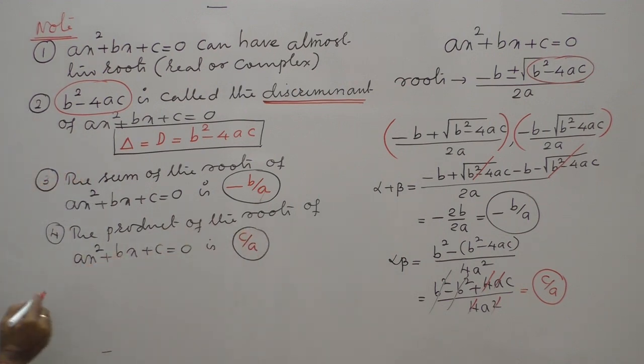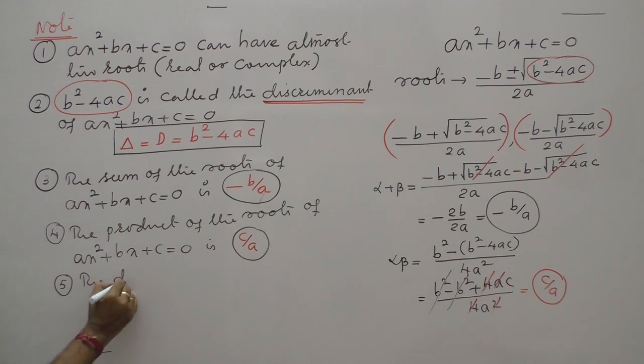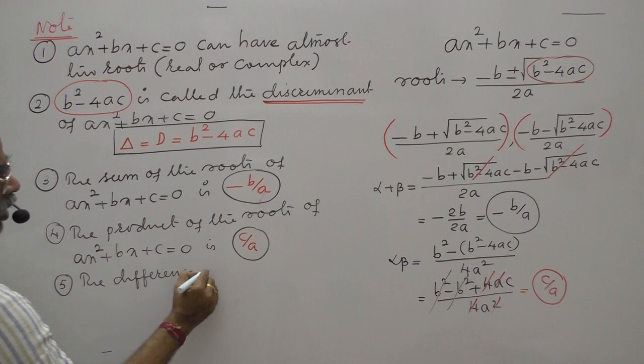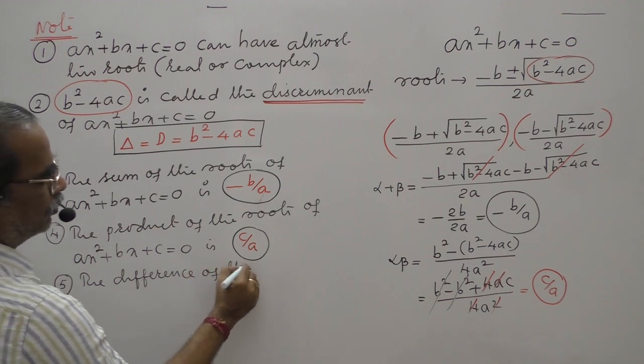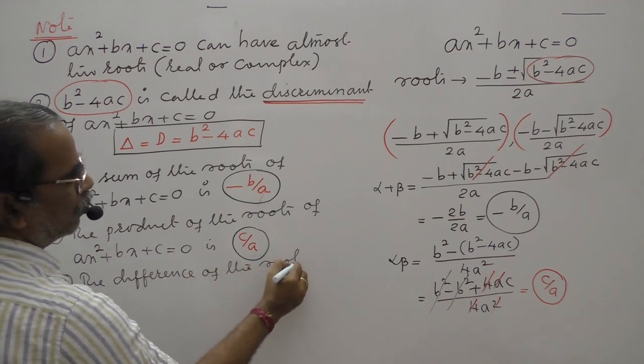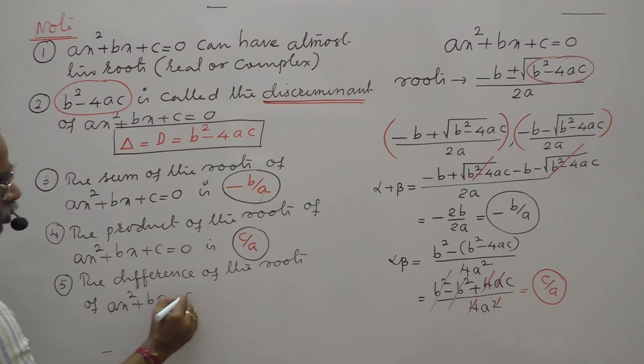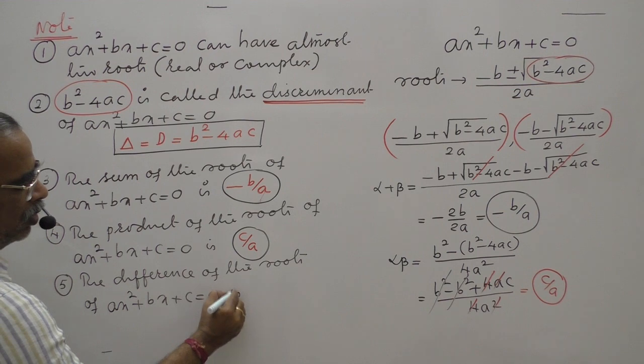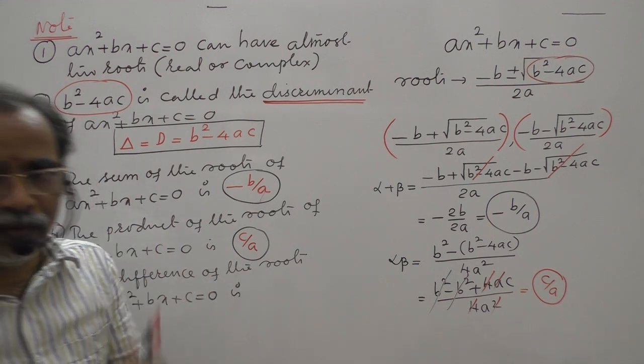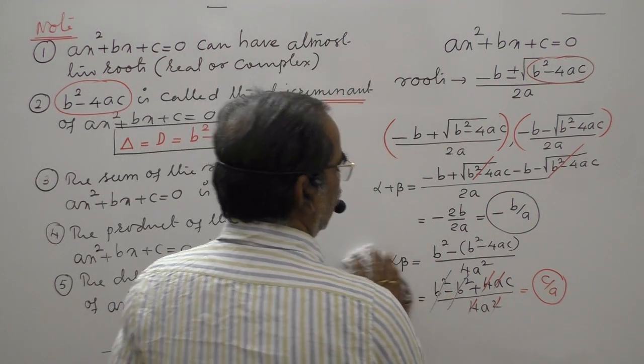Okay. Also we can take the difference of the roots, which is also useful in objective questions. The difference of the roots of the quadratic equation ax square plus bx plus c is equal to 0. Yes, we will see what is the difference of the roots.